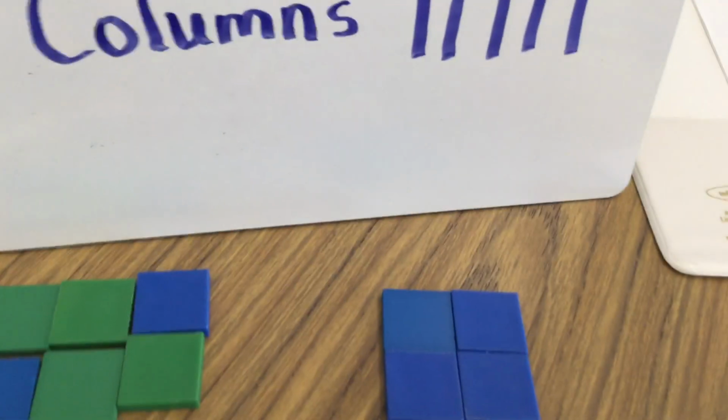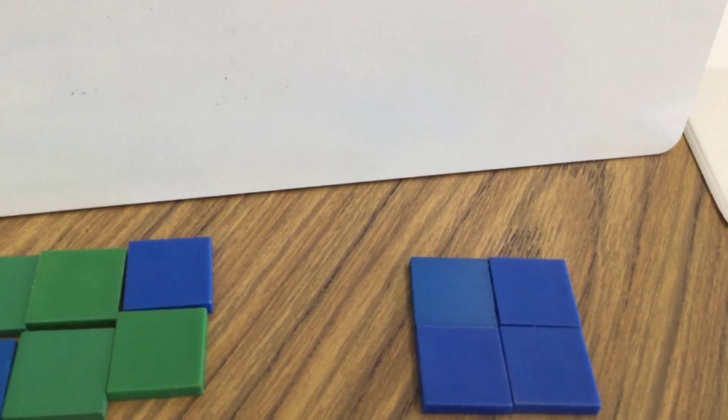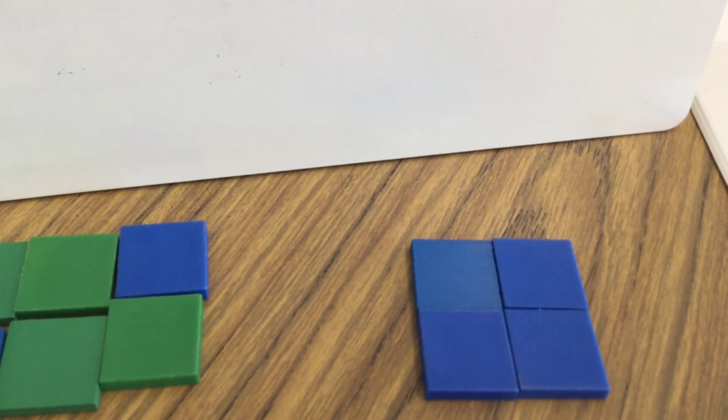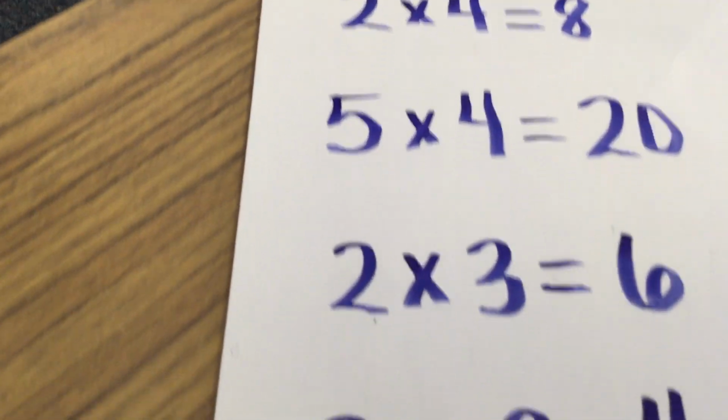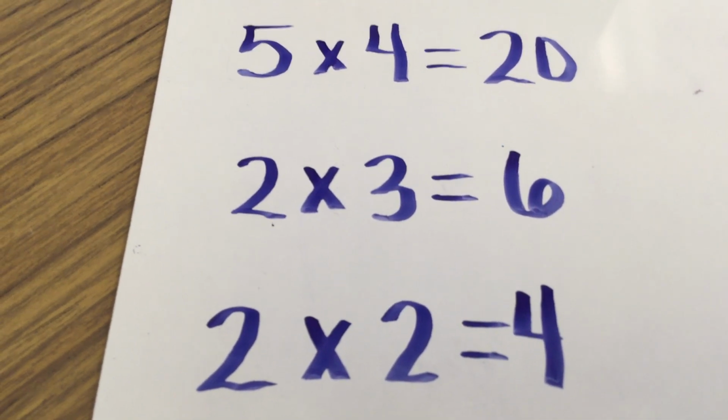Here's the easy one. 2 rows and 2 columns, a 2 by 2 array. To find out how many tiles there are, we would just say 2 times 2 equals 4. That's easy, right?